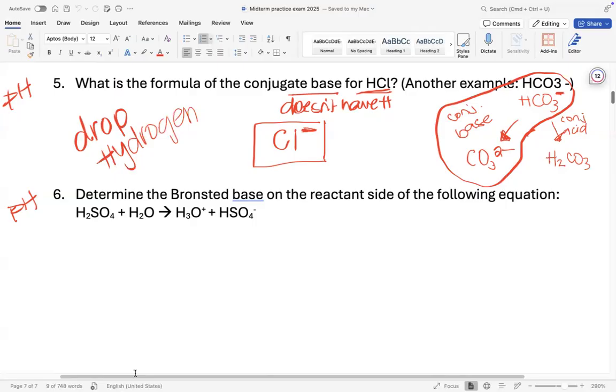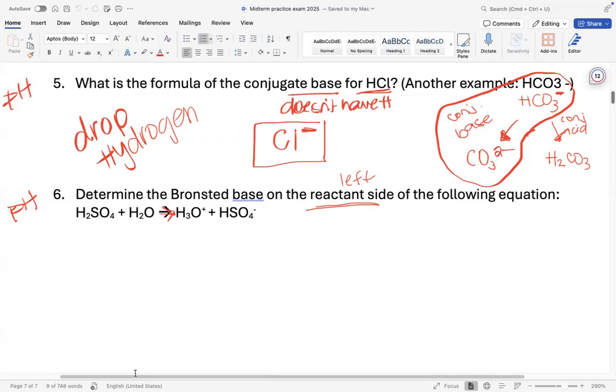Number 6, we're still in our pH stuff. This is kind of where we started with our pH, which was determining which is a base and which is an acid. This one only has a forward arrow, meaning we're only classifying what's on the left side, the reactant side. So we just need to track the movement of the hydrogen so we can determine which is the acid and which is the base.